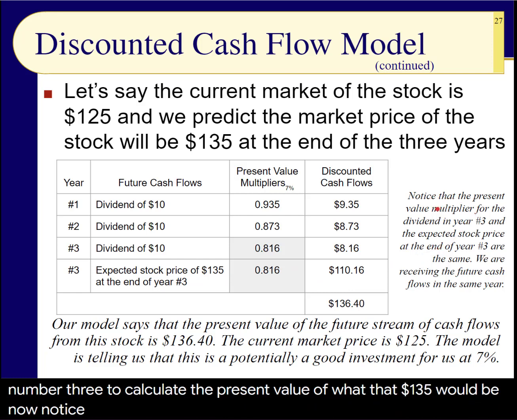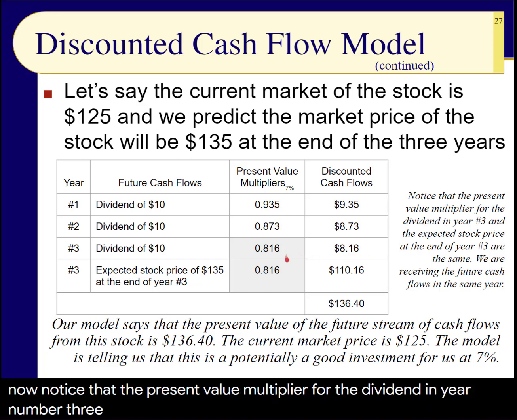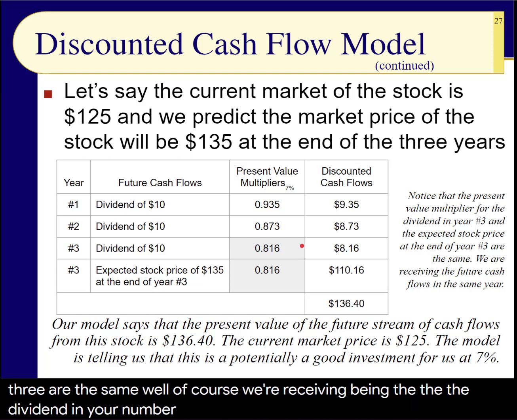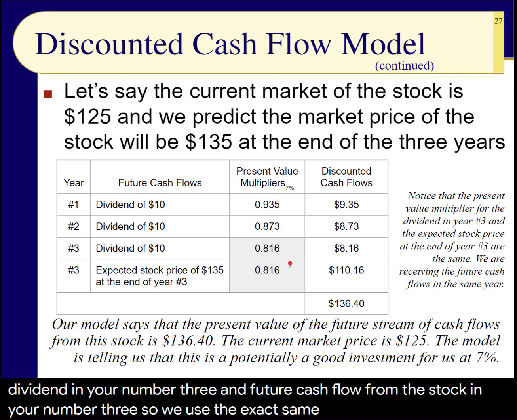Now, notice that the present value multiplier for the dividend in year number 3 and the expected stock price at the end of year number 3 are the same. Well, of course, we're receiving the dividend in year number 3 and the future cash flow from the stock in year number 3. So we use the exact same multiplier, which is kind of redundant, and we'll fix that in a bit.